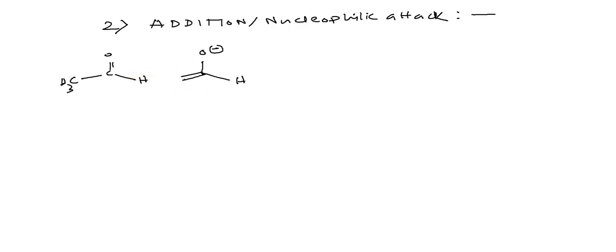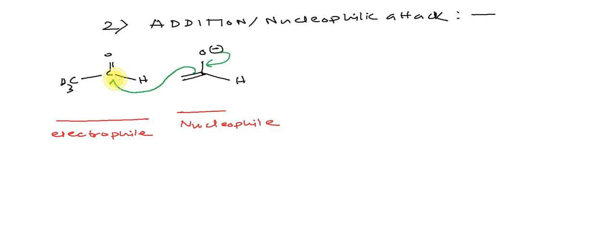In this case, as you can understand, this is the nucleophile and the carbonyl compound, that is the aldehyde, is the electrophile. So what will happen here? This negative charge will fall and this bond will attack here at the carbonyl center, because the carbonyl carbon is the electrophilic center of this electrophile.